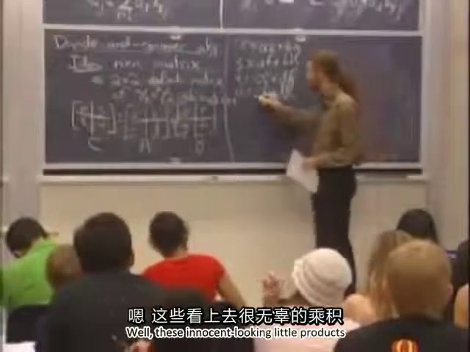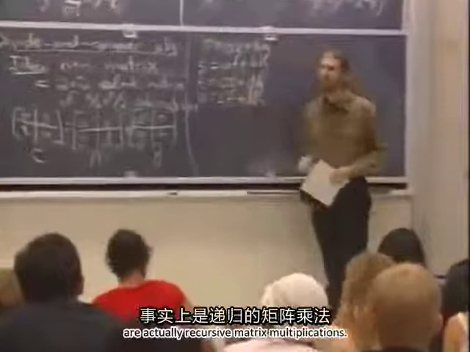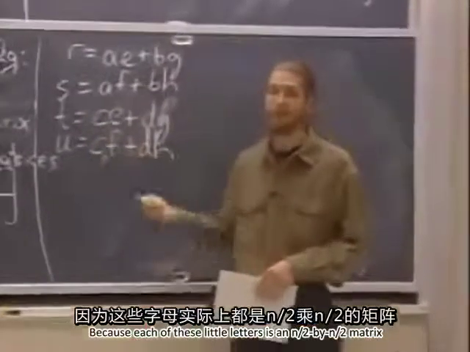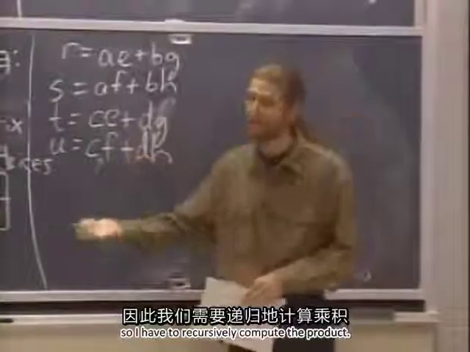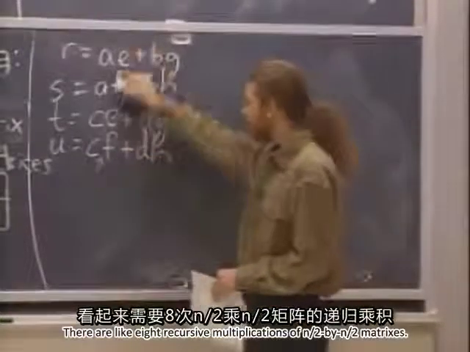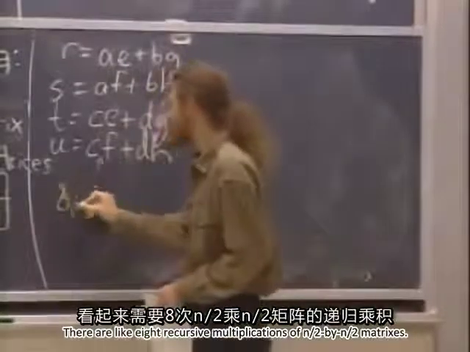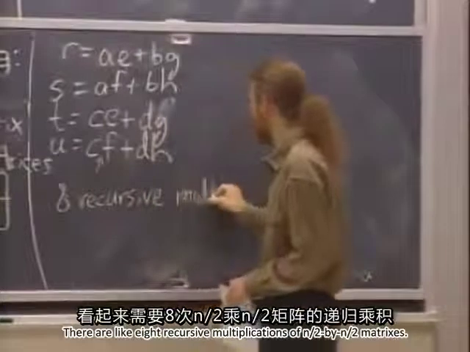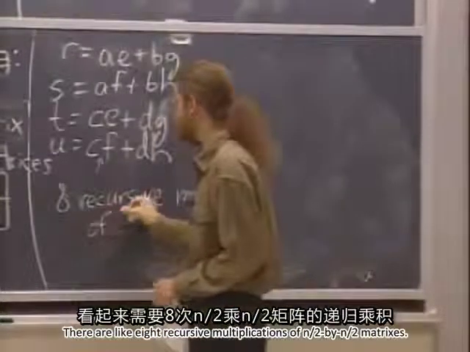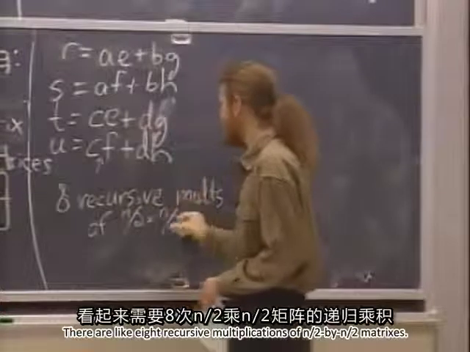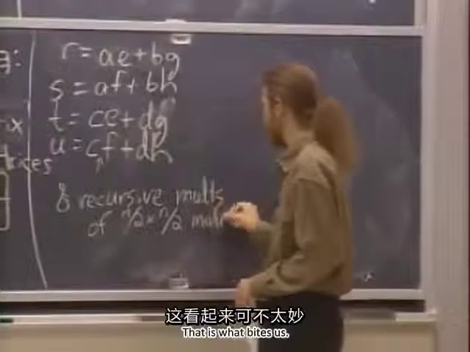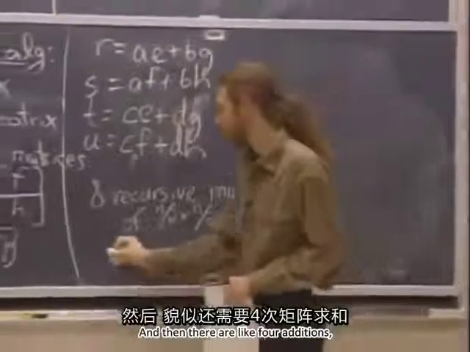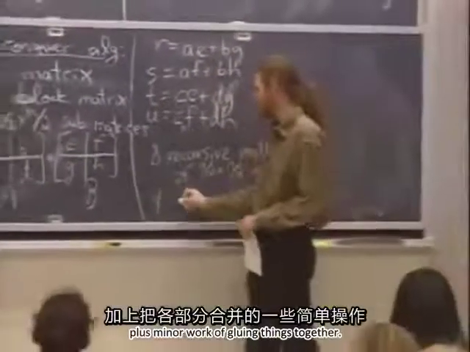Well, these innocent-looking little products between these two little numbers are actually recursive matrix multiplications, because each of these little letters is an n over 2 by n over 2 matrix, so I have to recursively compute the product. So there's like 8 recursive multiplications of n over 2 by n over 2 matrices. That's what bites us. And then there's like 4 additions, plus minor work of gluing things together.